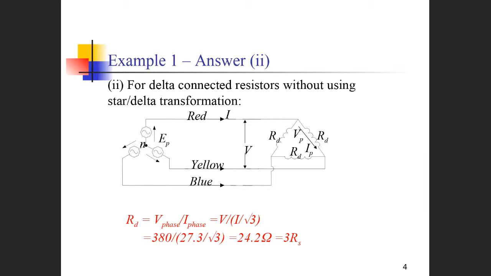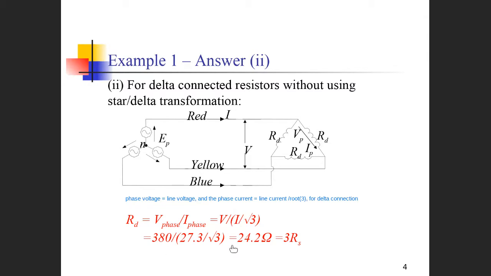We are talking about balanced systems. Example 1 is a balanced system. Remember this one: the phase voltage equals the line voltage, and the phase current equals the line current over root 3 for the delta connection. So the equivalent resistance required for the delta connection is the phase voltage over the phase current, where the phase voltage is the line voltage and the phase current is the line current over root 3, which has been obtained earlier in this example.